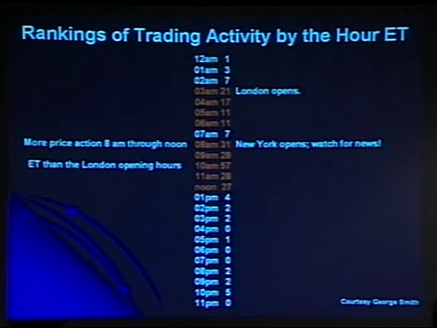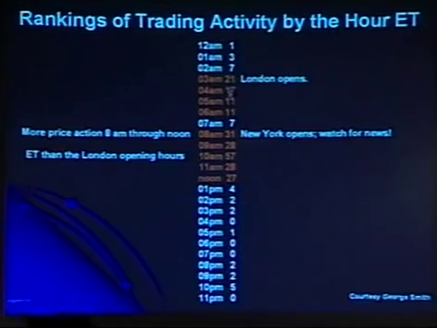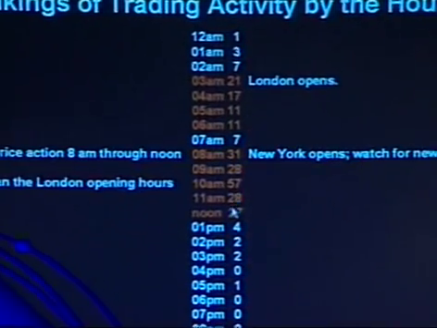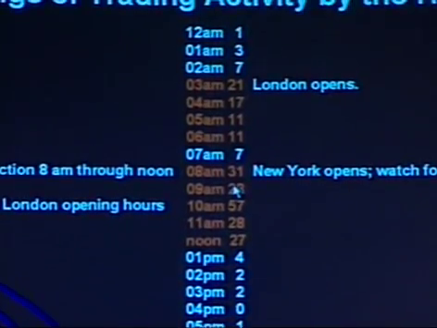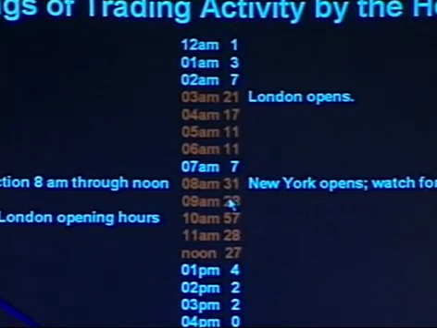And he came up with the busiest trading times, irrespective of currency. And they turned out to be in here and in here, and actually this window was better than this window. You got more hits in here, so that's useful information for people who don't like to trade at night.